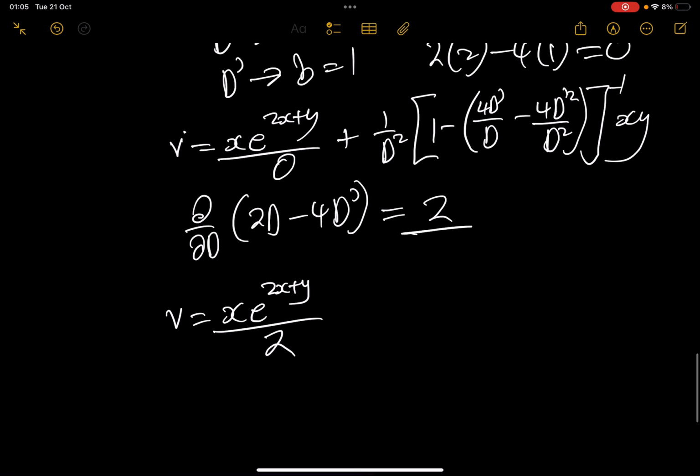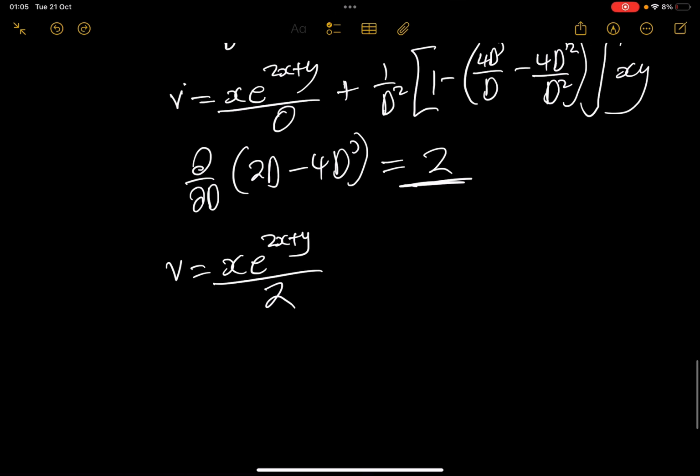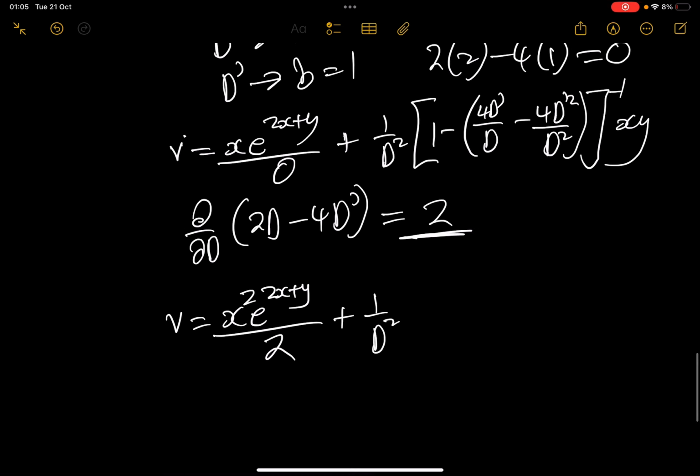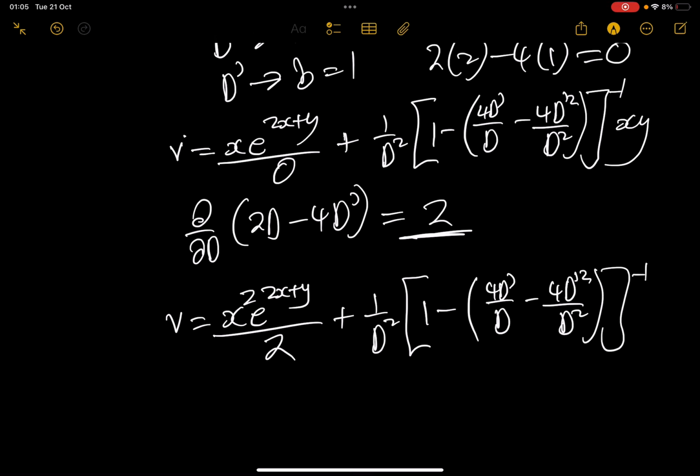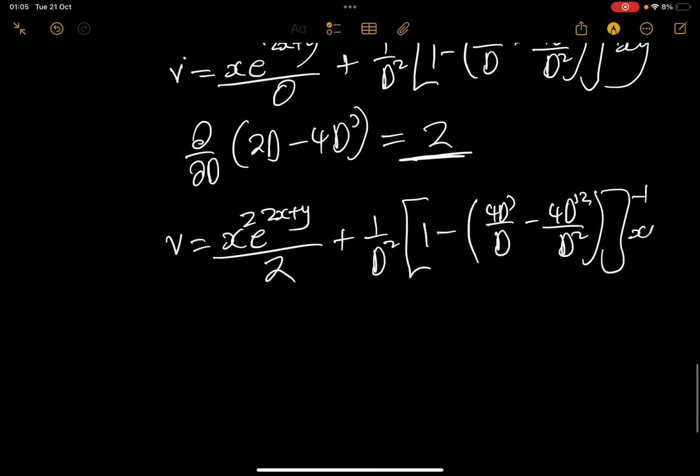And then since we differentiated, we need to multiply again the numerator with what? We need to multiply it with x again. So this is going to be x squared, and then plus 1 over d squared, 1 minus 4d prime over d minus 4d prime squared over d squared. This is minus 1 xy.